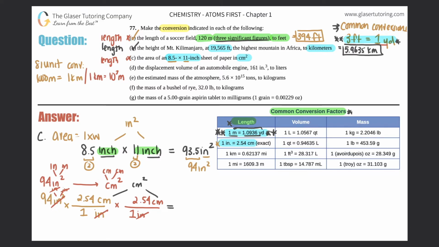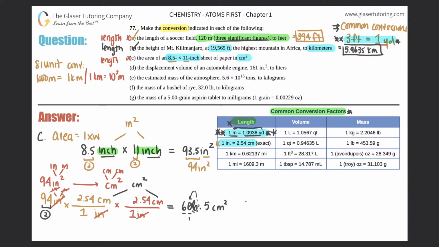And now you just multiply. So 94 times 2.54 times 2.54. You get 606.5 centimeters squared. But you need the correct sig figs. There was 2 here, the 9 and the 4. So the 6 and the 0 will count. This 6 will tell me to round the 0 up to a 1.